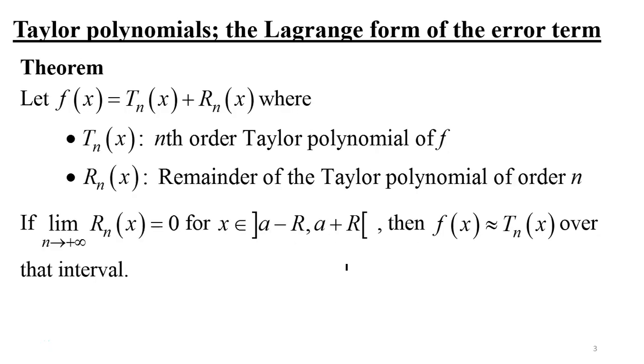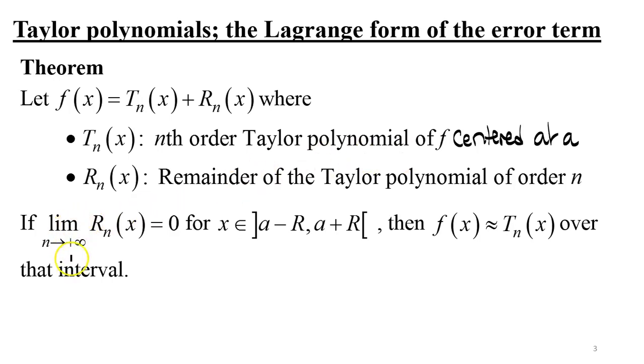So over here in this theorem, we're going to summarize everything we have said so far. By considering a function to be Tn of x plus Rn of x, where Tn of x is the nth order Taylor polynomial, of course here centered at a, and Rn of x is the remainder of the nth order Taylor polynomial. So Rn of x would be the error term.